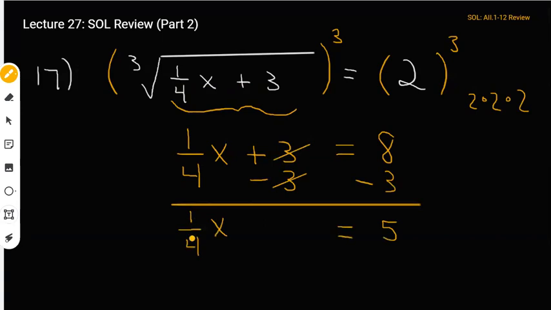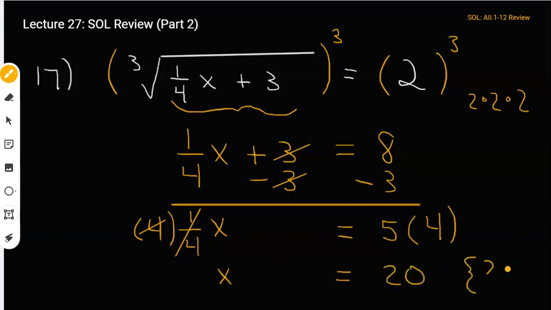And now to get rid of the 1/4, I can divide both sides by 1/4, or I could multiply both sides by 4, which is what I'm going to do. Either way, you'll get the same answer, 20. So x is equal to 5 times 4. That's going to be 20. So inside my solution set, I'm just going to have a positive 20.